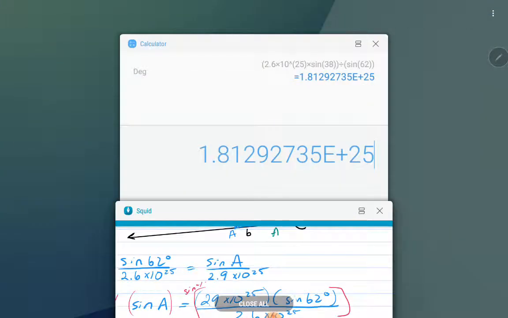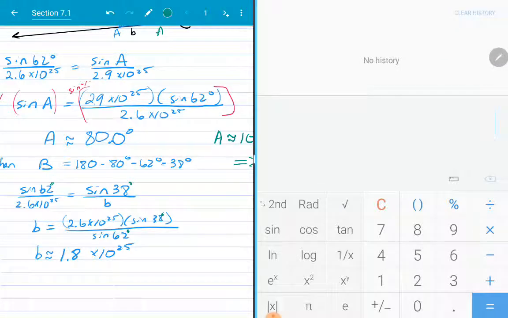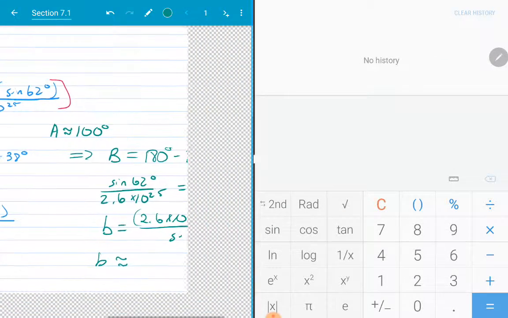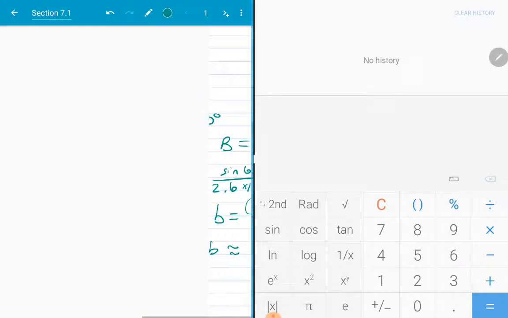And as an approximate answer, let's see what I can get.